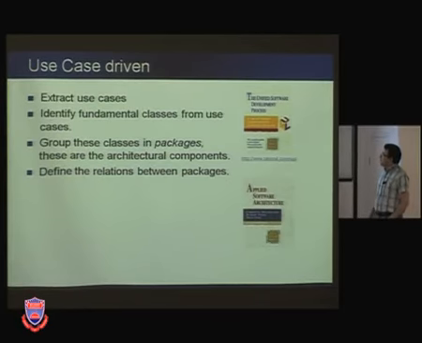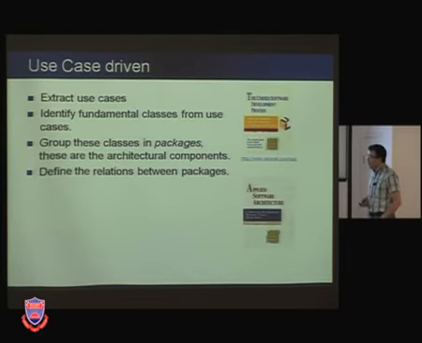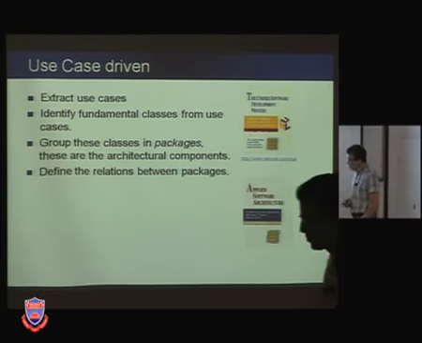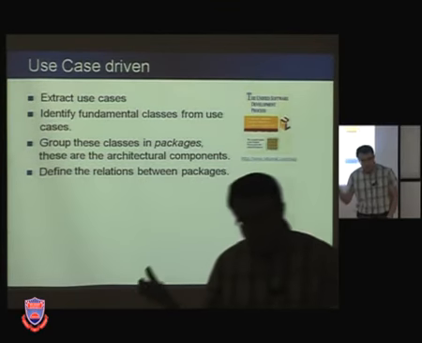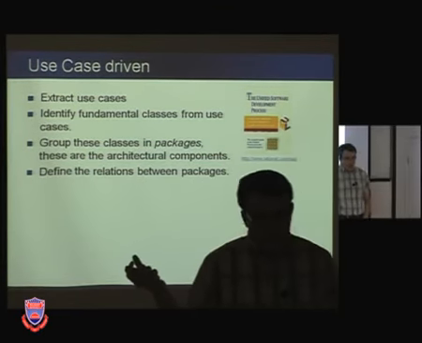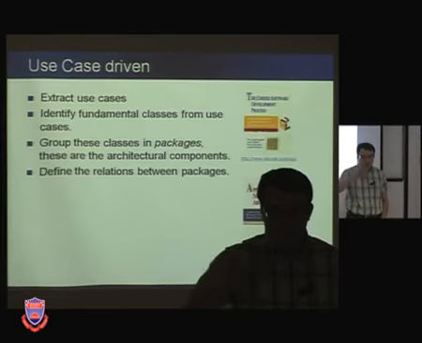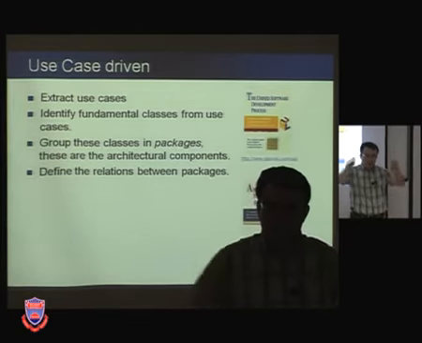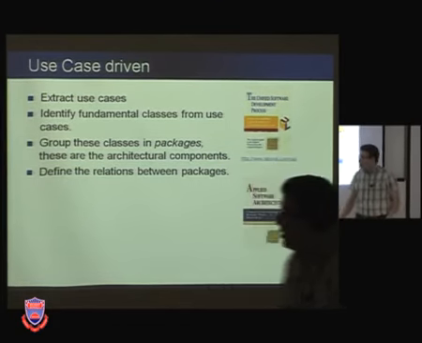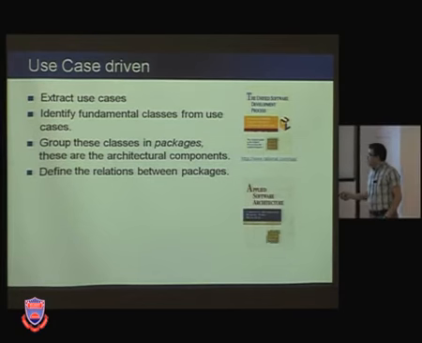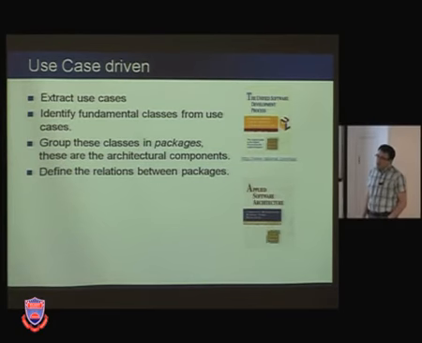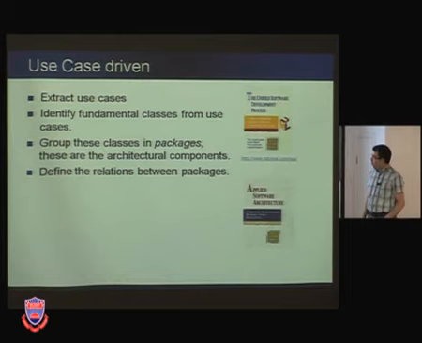In the use case driven approach, we extract use cases and identify the fundamental classes from them. We define scenario interaction diagrams, define the classes, etc. Then there's a process where we define the packages, also grouping mechanisms, and define the relationships.